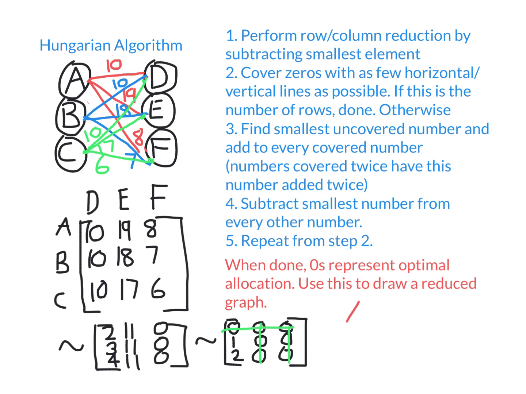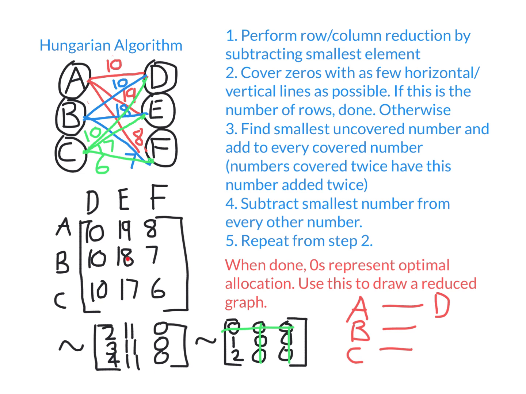So the optimal allocation, A is going to be assigned to task D. Now, for B and C, it's not clear from this which way I should assign them. I could assign B to task E or B to task F. It actually doesn't matter here.